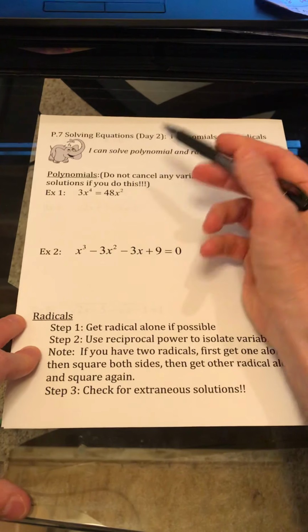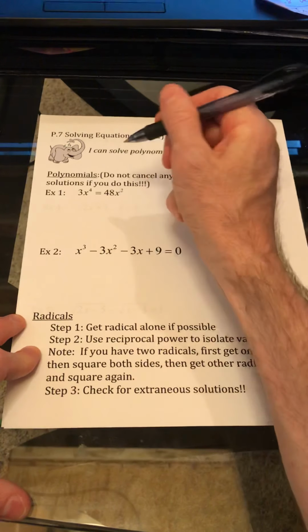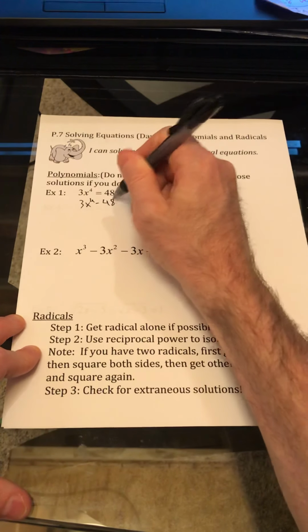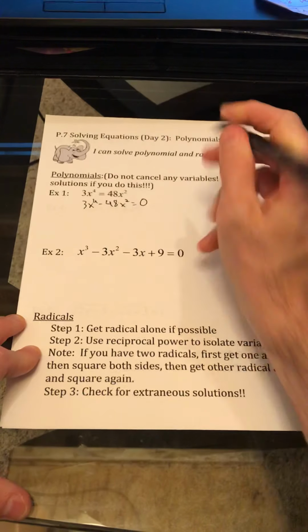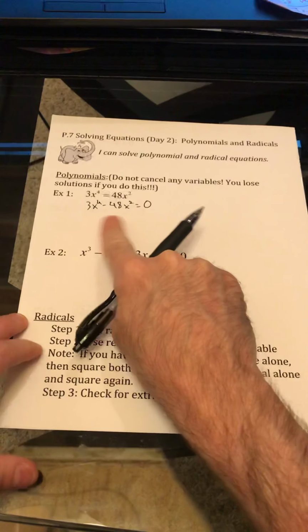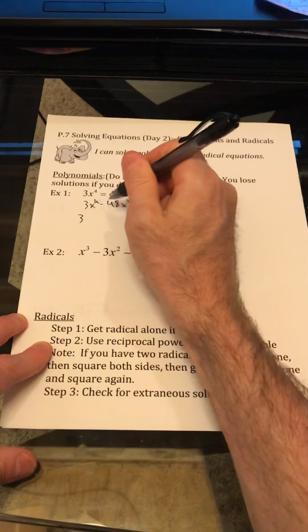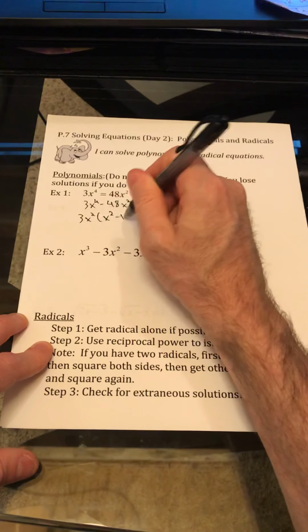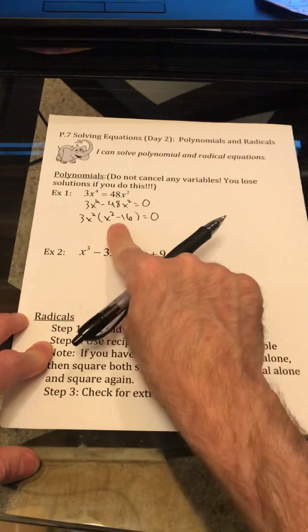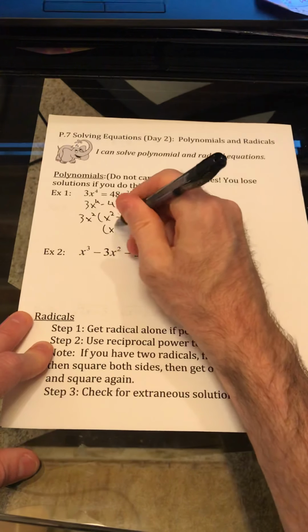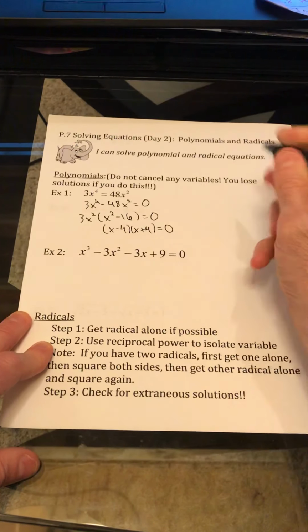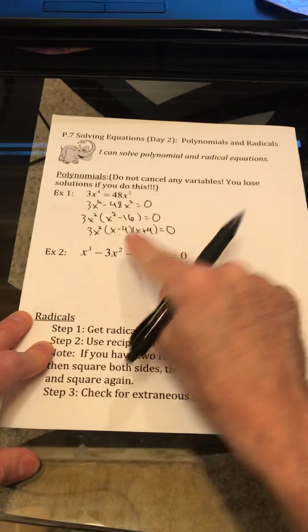So what you actually have to do is move the 48x squared over by subtracting it, and then we will factor. So take out 3x squared as your GCF, leaving x squared minus 16. Now we can factor this into x plus and minus 4 as a difference of squares.